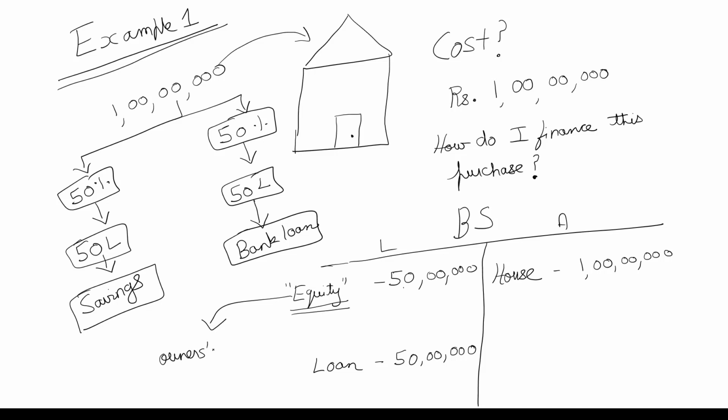Here I am the owner of the property and this 50 lakhs is my savings. So that is why I call this 50 lakhs equity. Loan is basically a type of borrowed money, and borrowed money is what we can also call debt.